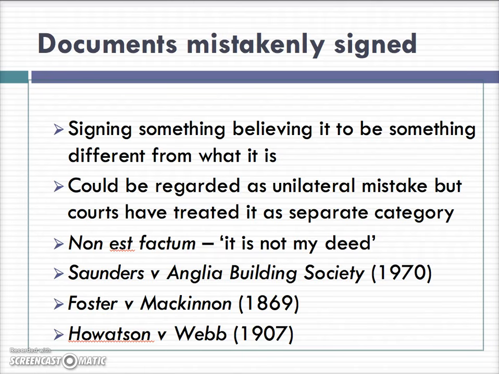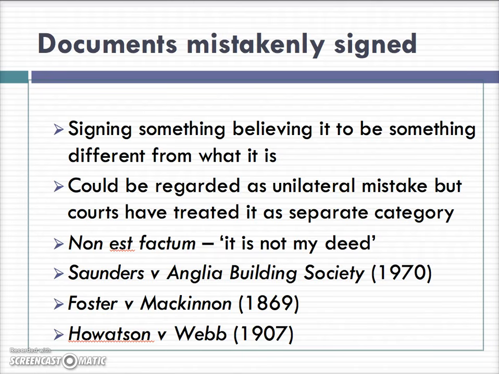Secondly, he was not negligent in signing this document. Thus we can say that in order to plead non est factum, there's a two-stage test. First, is the document that is being signed fundamentally different from what the person signing it thinks it is? Second, was the person signing it negligent in signing it?